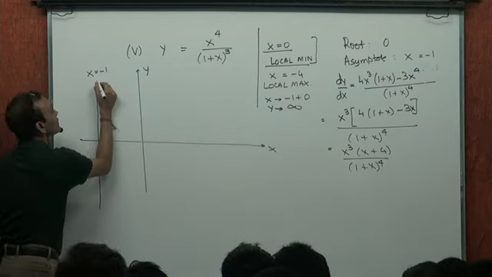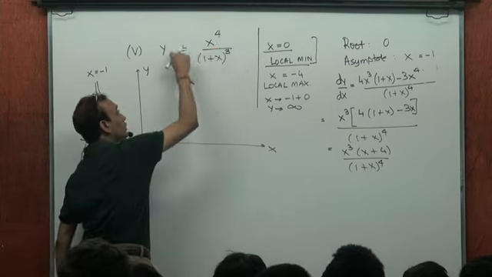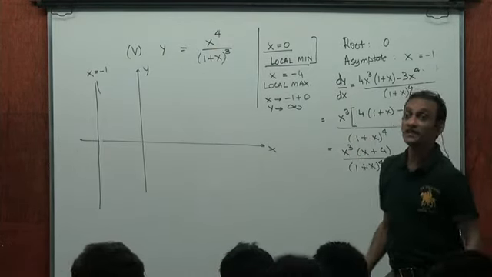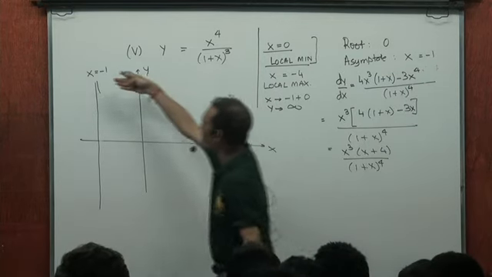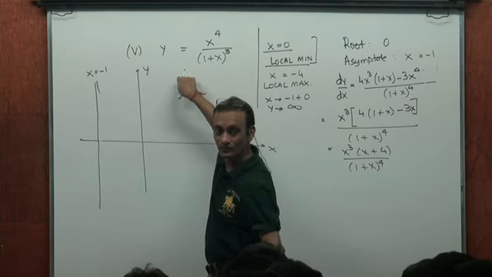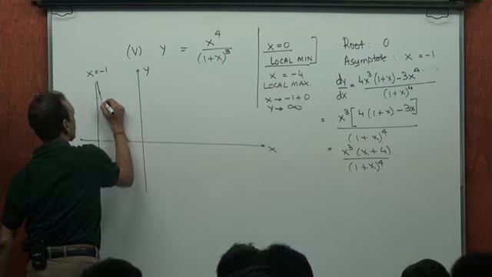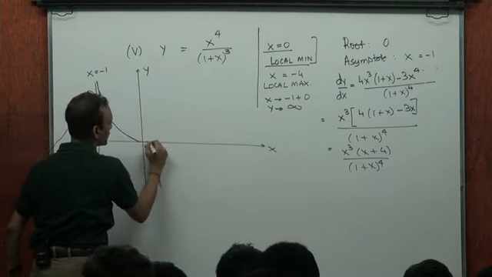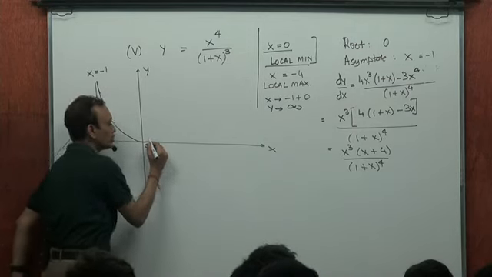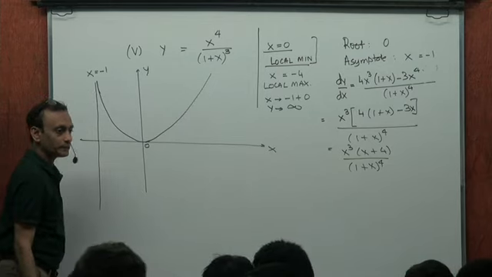That means you would expect this to happen. At x equal to 0, not only is y 0, but dy/dx is also 0. And we have seen that at x equal to 0, if it is coming this way, then we actually expect a local minimum at x equal to 0. And then after 0, there would be no turning point, so it will go this way.